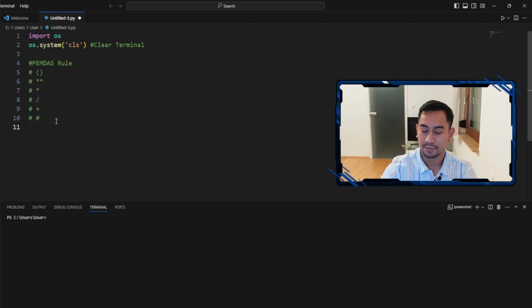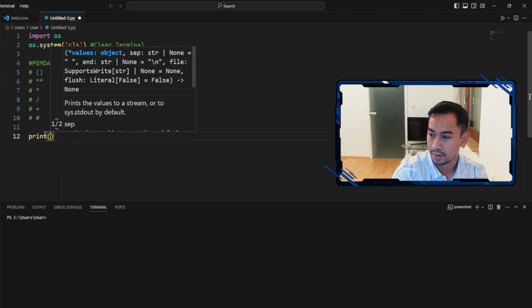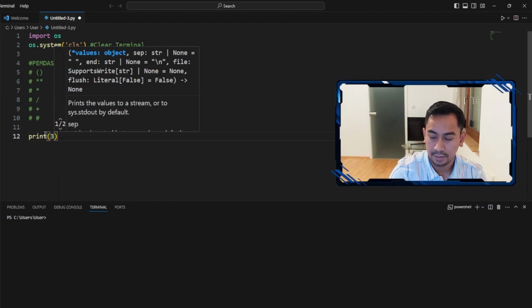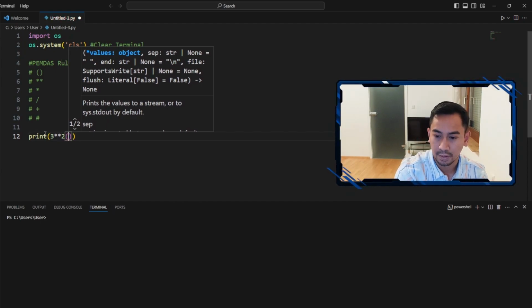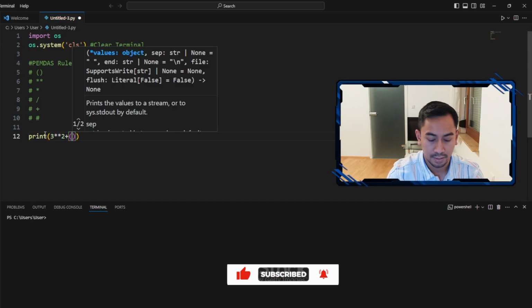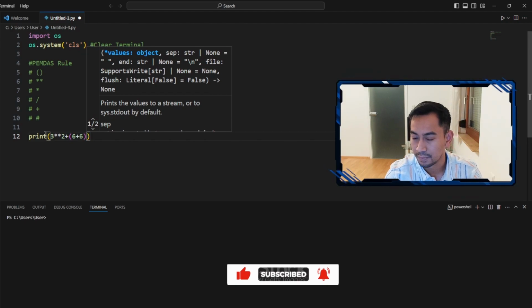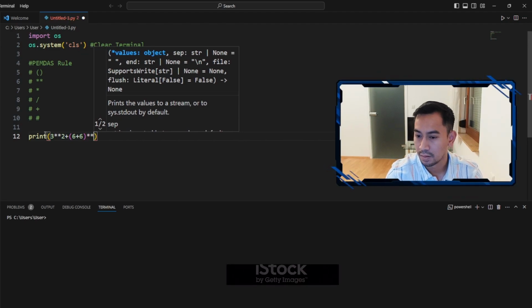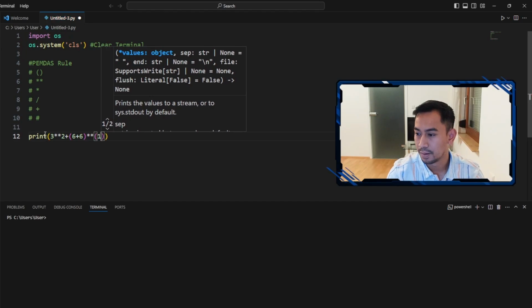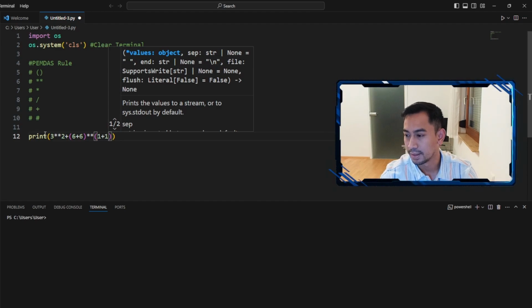I'll give you one example. Let's say I want to print some mathematical formula, like print 2 plus open bracket 6 plus 6, then 1 plus 1, like this.